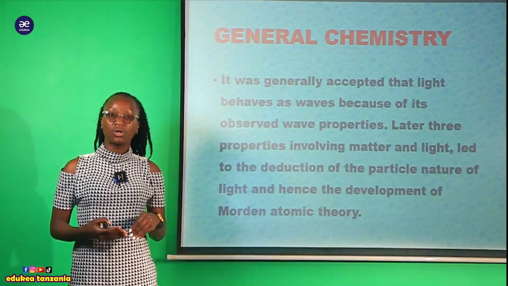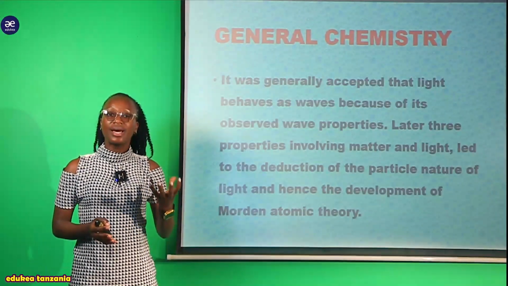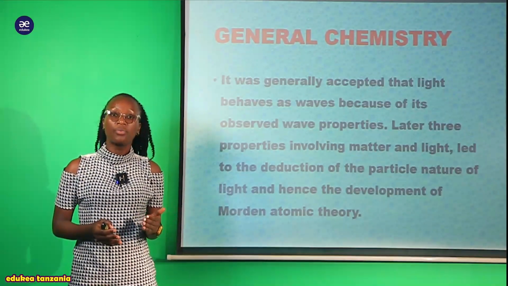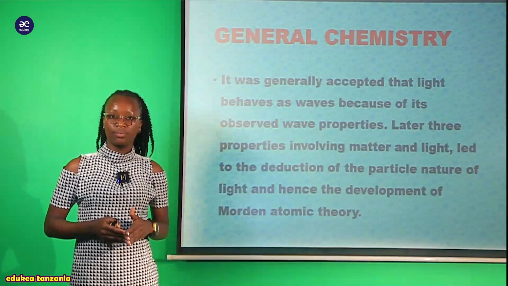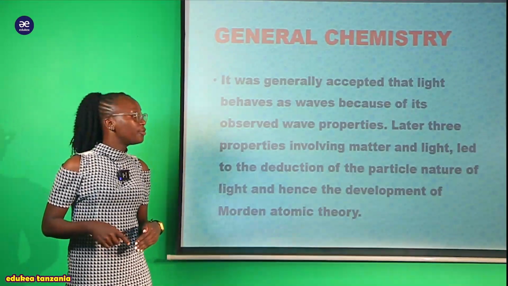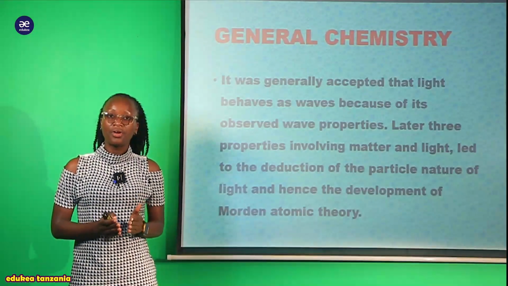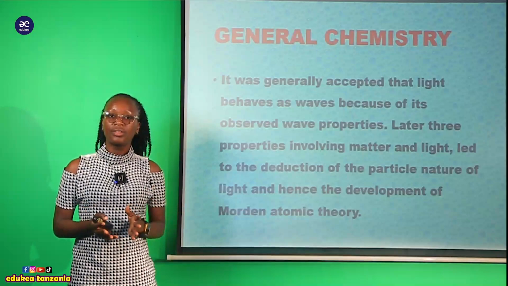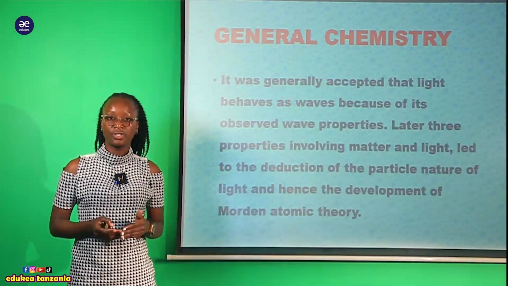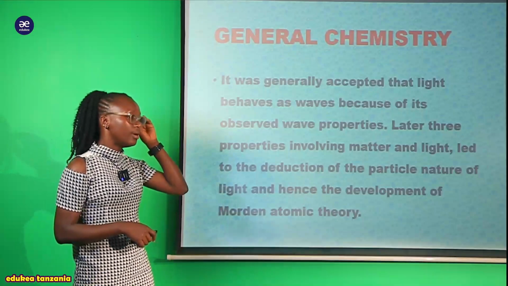And this modern one is all about the atom that is made up of subatomic particles, and different scientists tried to come up with their ideas. How are these arranged in the atom? But you can see that through Bohr's atomic model or atomic theory, ambapo alikuja na issue of light or this nature of electromagnetic radiation, there is this deduction of the particle nature.